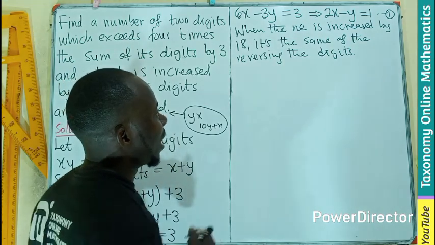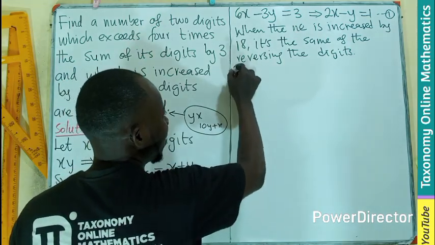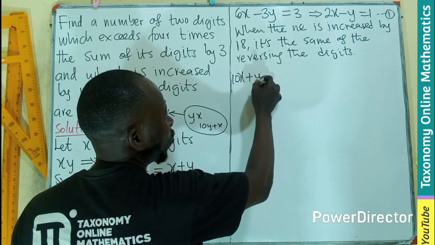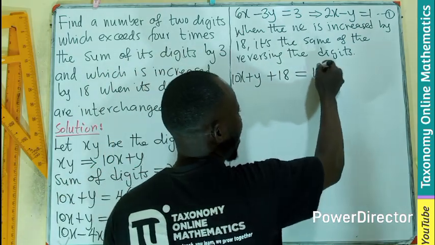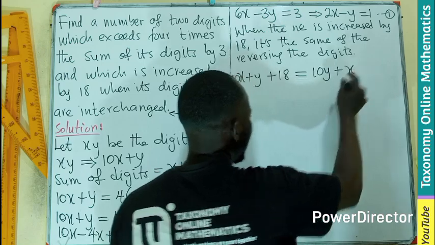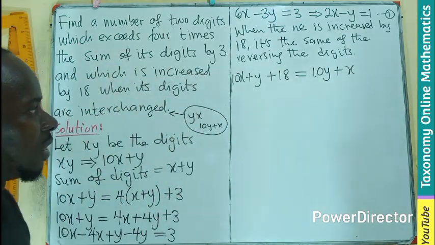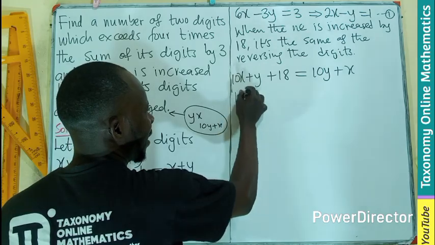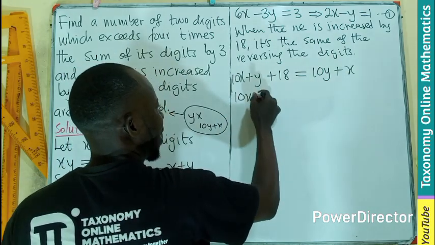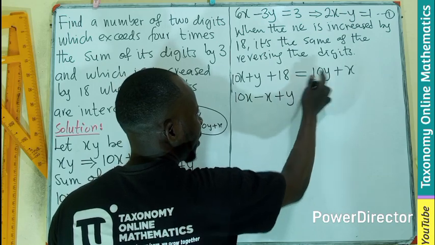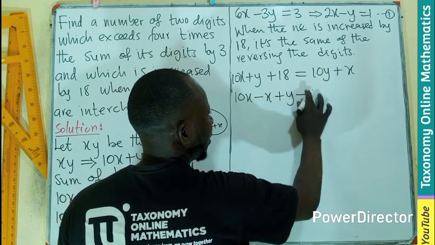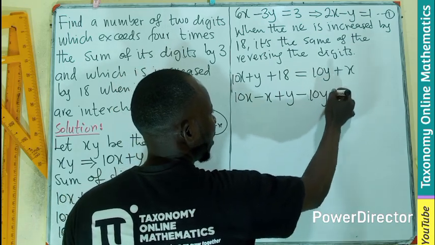So let's go. The number is 10x plus y. We increase that by 18, and that should be equal to the reverse of the digits, 10y plus x. This will also help us form an equation. 10x, bringing this in as minus x, and y, bringing this in as minus 10y.